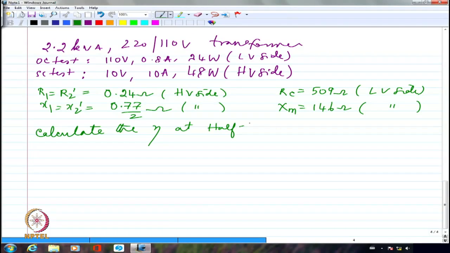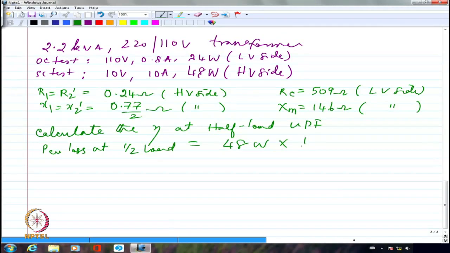So that you should be able to calculate as, if I am saying that the copper loss at half load will be 48 watts multiplied by half square, because it is half the load, x square multiplied by full load copper loss.